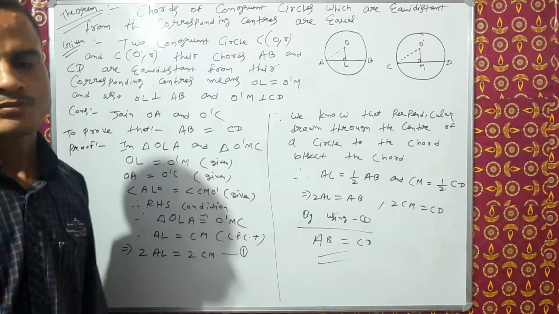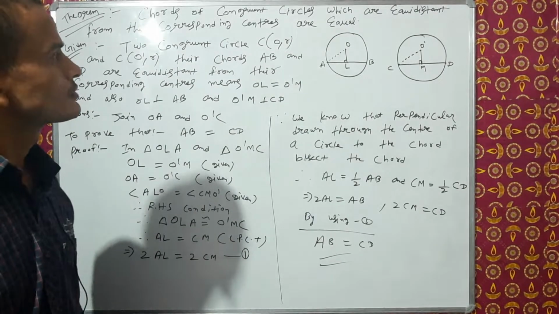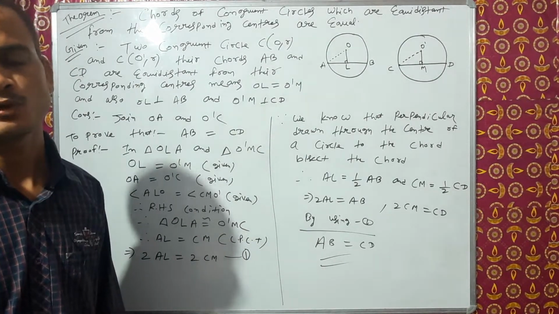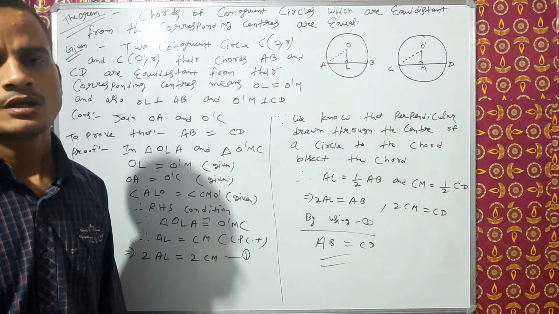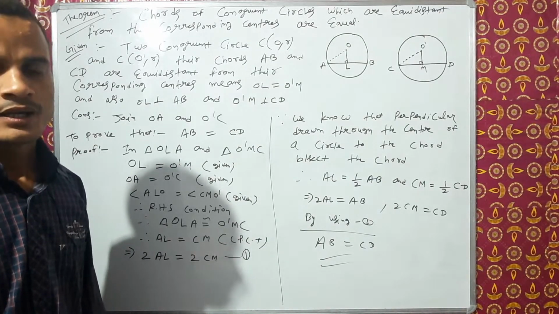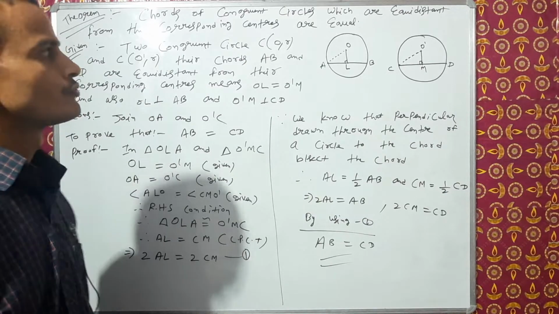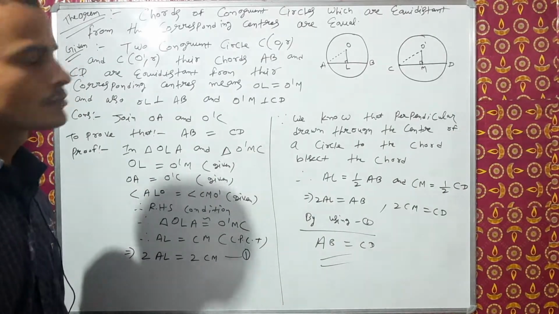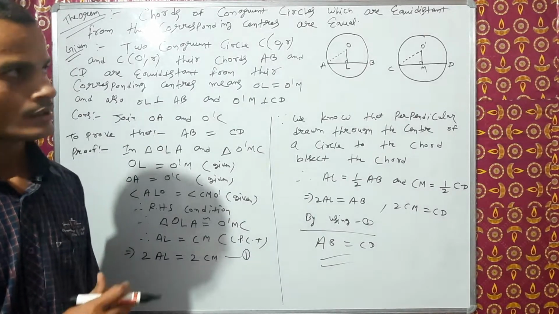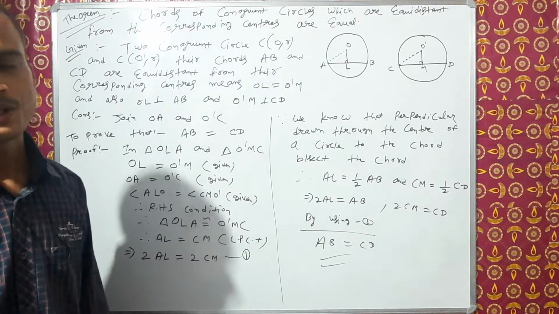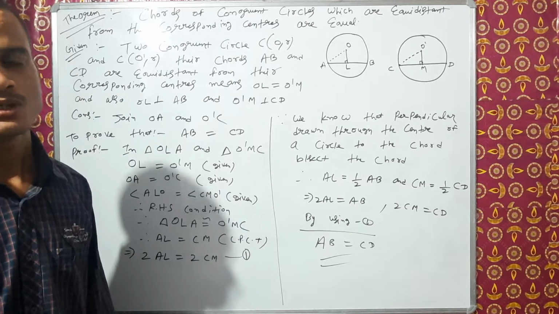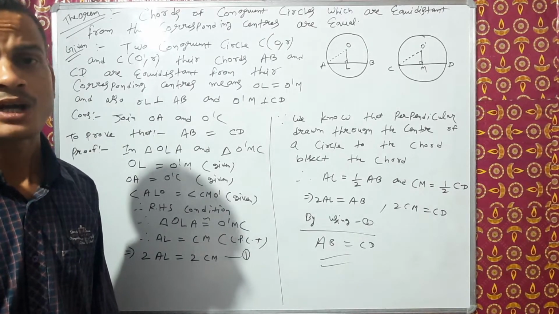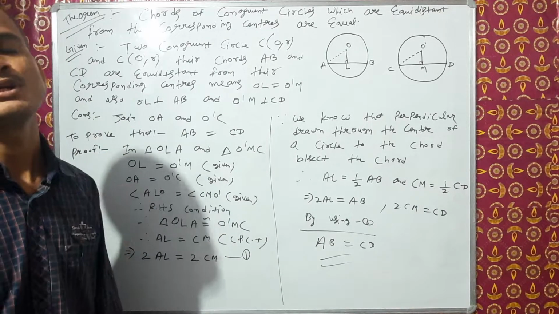In the previous video, we discussed a property related to the circle, and in this video we will discuss another property related to the circle, which is the converse of the property I discussed in the previous video.